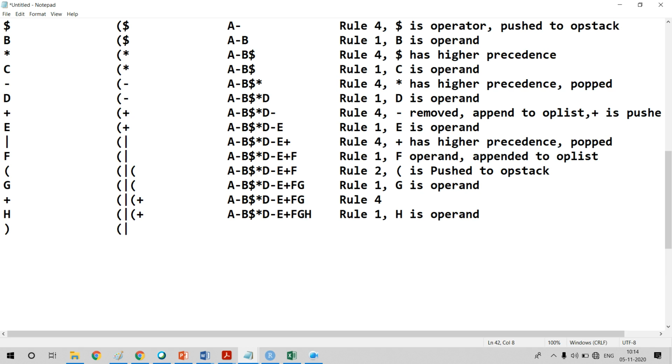So plus is removed, the plus is added at the end of OP list. This is because of rule number 3. Rule number 3 says that you have to remove all the operators till corresponding left parenthesis. So plus is removed and appended to OP list.